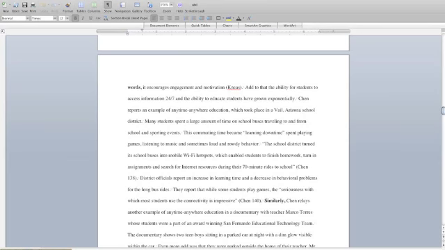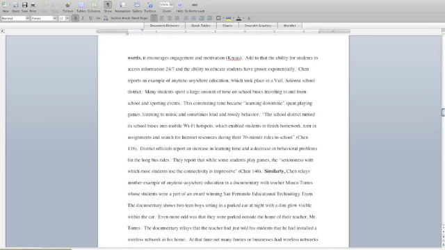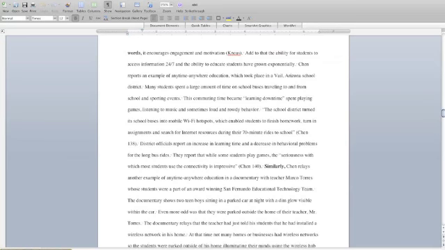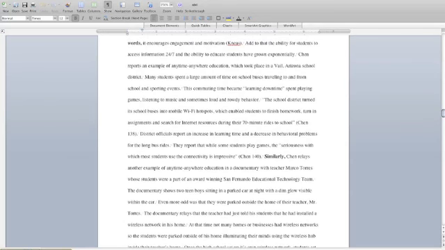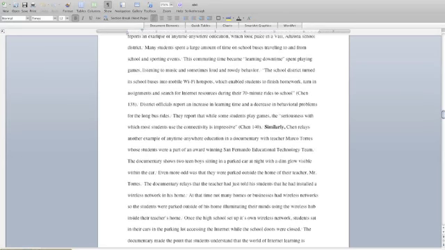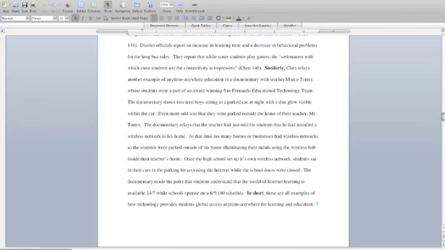Add to that the ability for students to access information 24/7, and the ability to educate students has grown exponentially, and it moves on. Then there's an in-text citation showing Chin reports and so on. Another piece of information from Chin. And then it says similarly, Chin relays another example of anytime, anywhere education in a documentary. So it goes on from there.